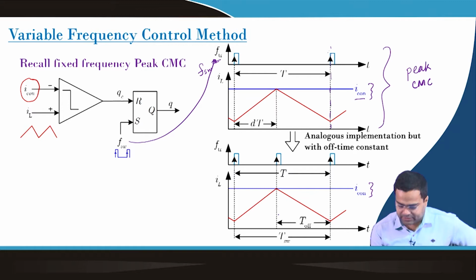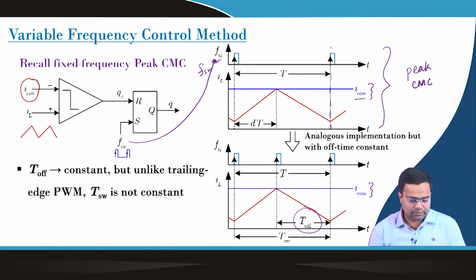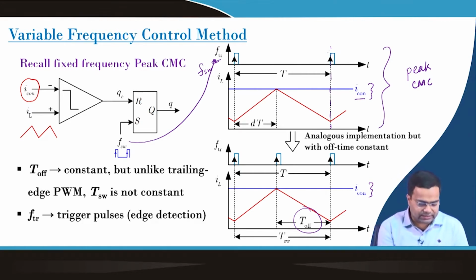So, this is my off time that is shown here, and the on time comes from the comparator when the inductor current reaches the peak current. So, T off is constant, unlike in trailing edge modulation where the time period was constant. Here the time period will not remain constant.